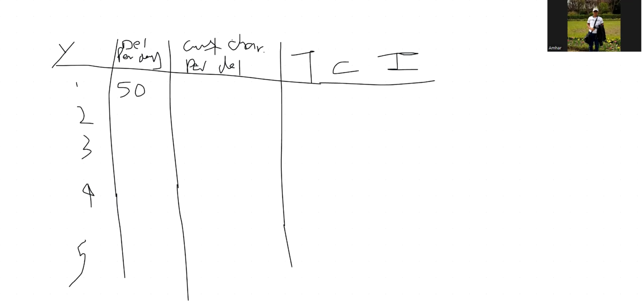In both year 2 and year 3, each delivery vehicle will make 65 deliveries per day. So year 2 and year 3, we can put 65. Did you understand that part? Yeah, understood. So in both year 4 and 5, each vehicle will make 80 deliveries per day. So year 4 we put 80 and year 5 also 80.